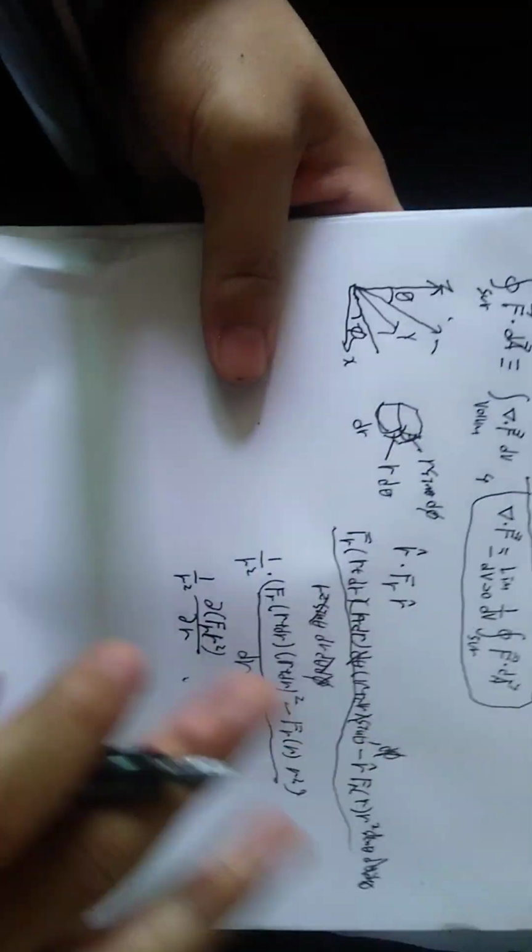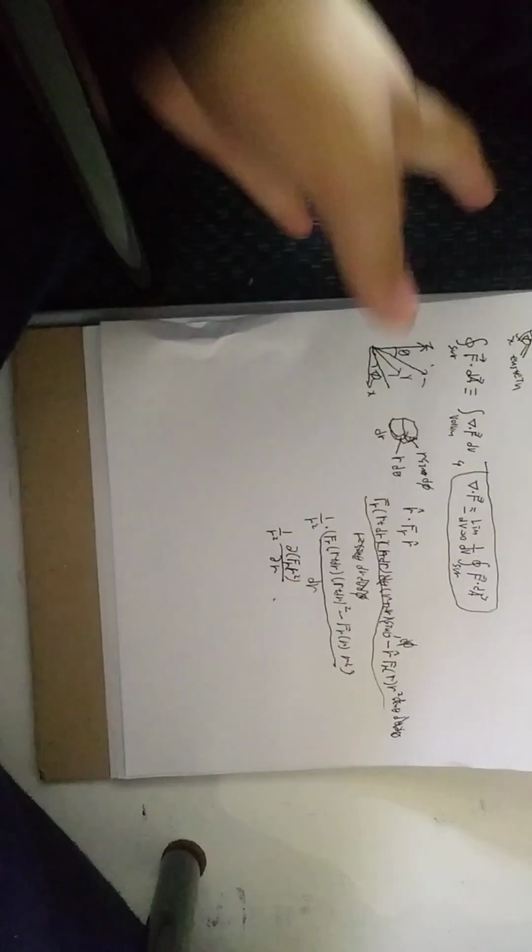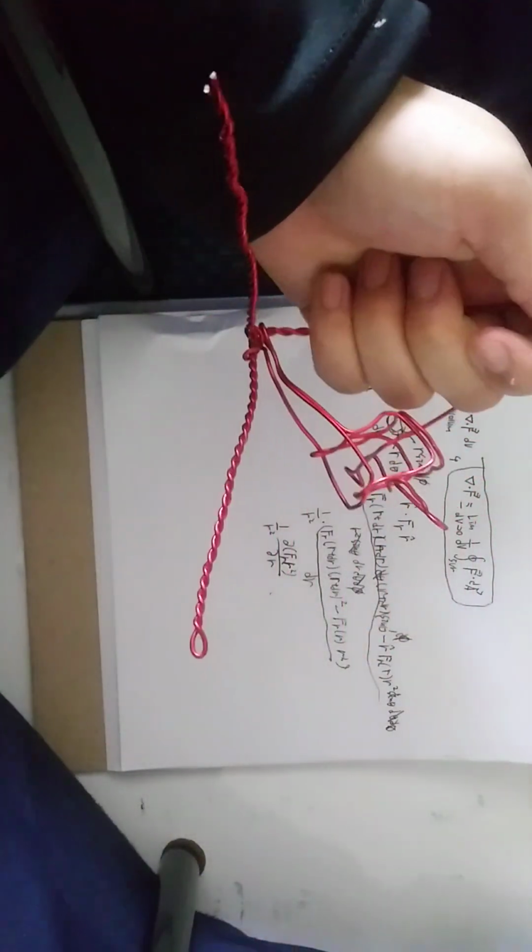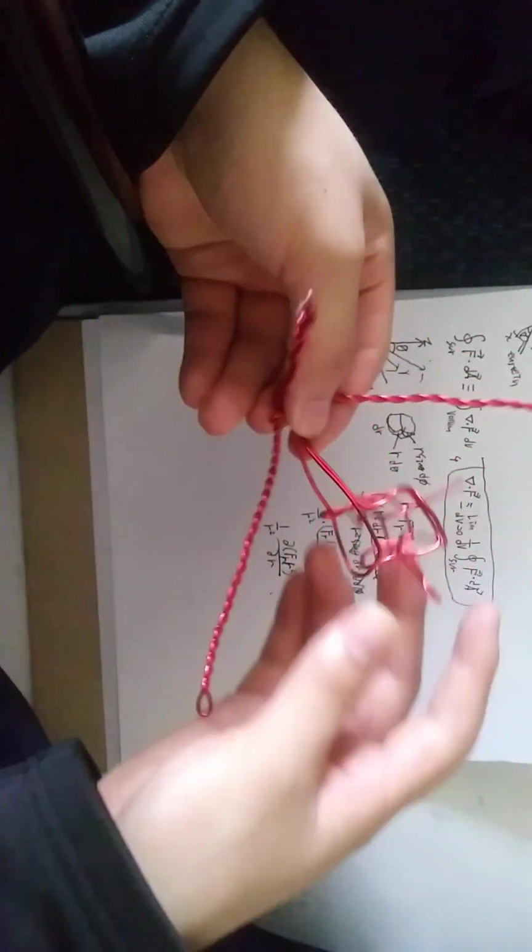So I have found one component of the divergence. Not a component, it is just a scalar, but one part of the divergence for spherical coordinates.